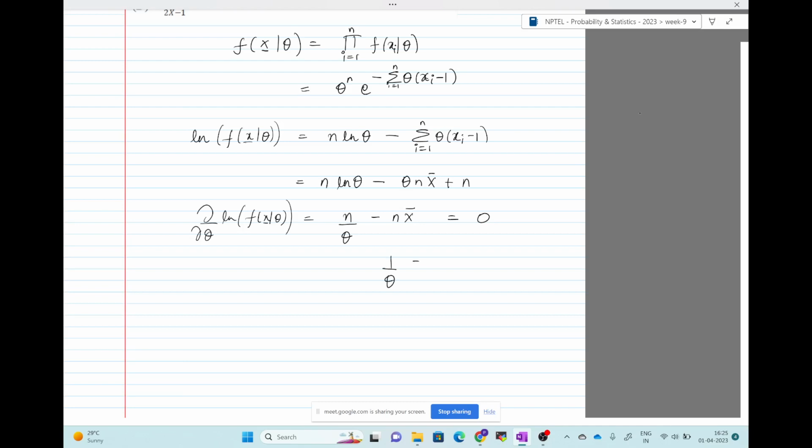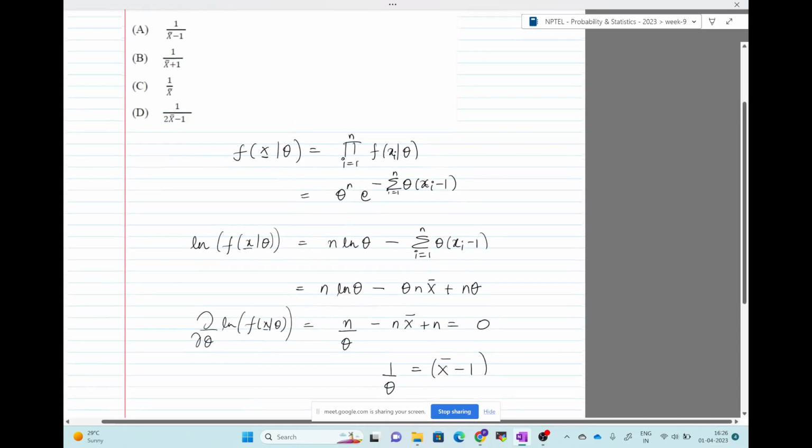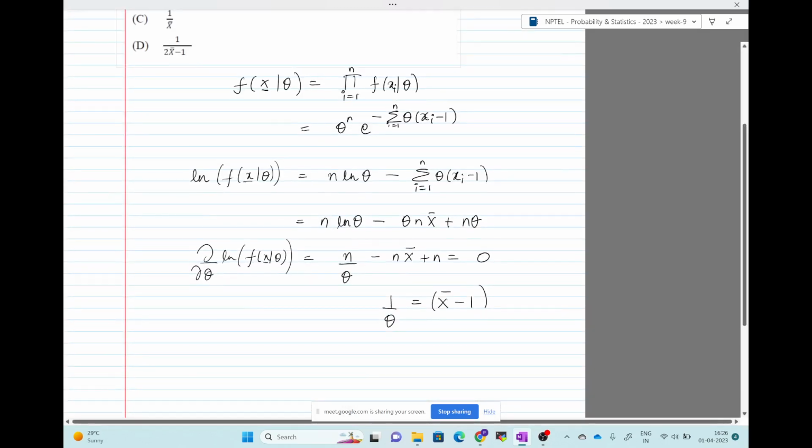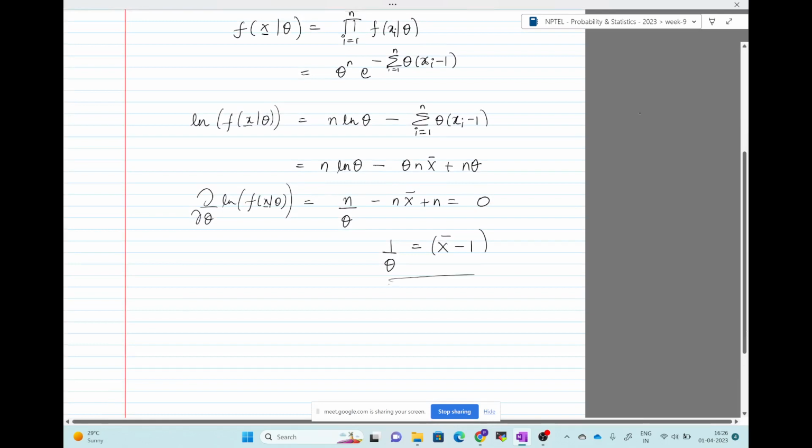Again 1 by theta is equal to x bar. Oh, there is theta here also, so there is an n here. So we can say the maximum likelihood estimator of theta is 1 by x bar minus 1 from this.